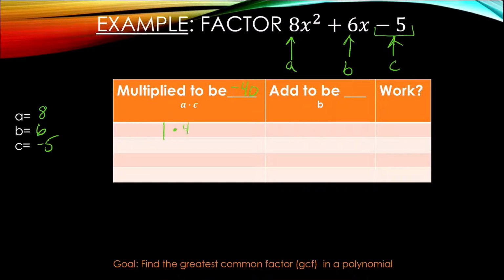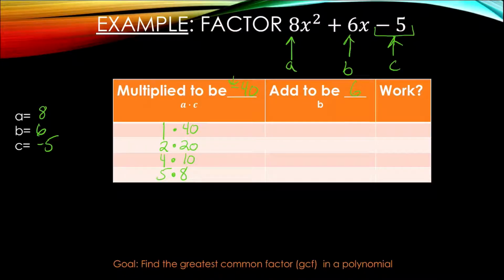Well, we got 1 times 40, 2 times 20, 3 doesn't go into it, 4 goes into it, 4 times 10, and 5 times 8. Now I'm going to worry about this negative later, because I know that one of the numbers in each pair has to be positive and one number has to be negative for my resulting answer to be a negative 40.